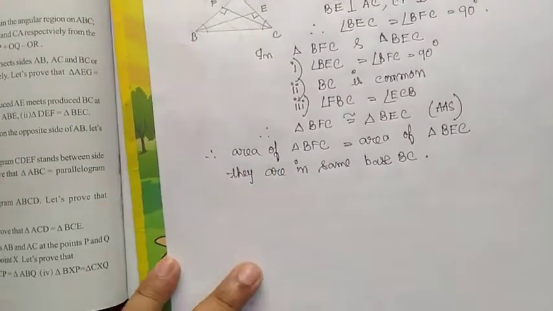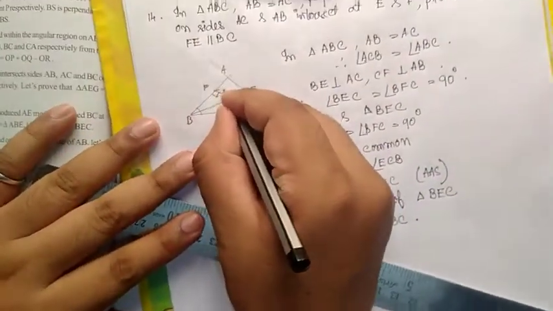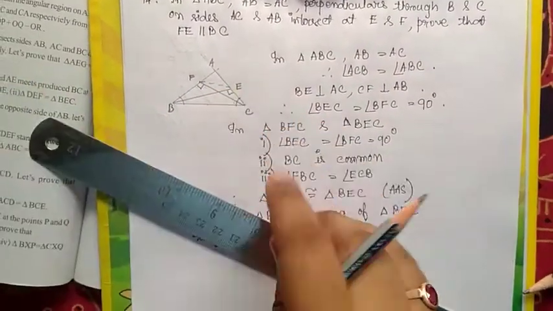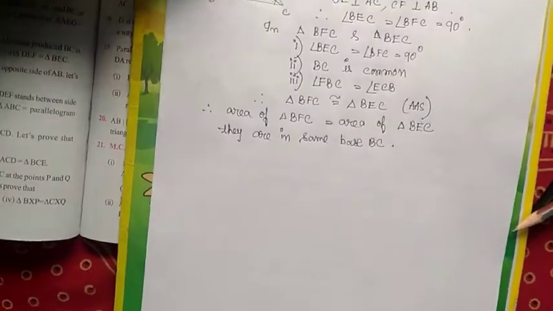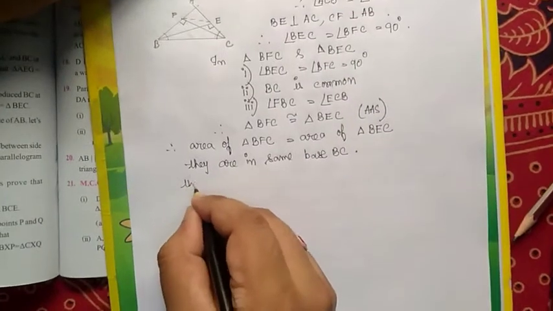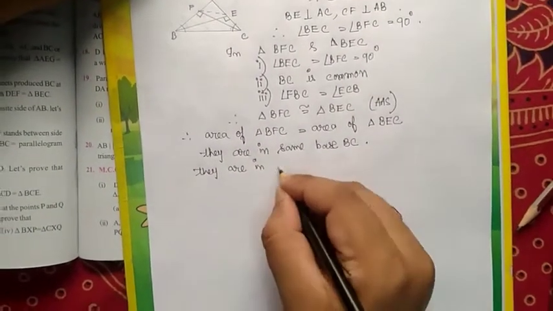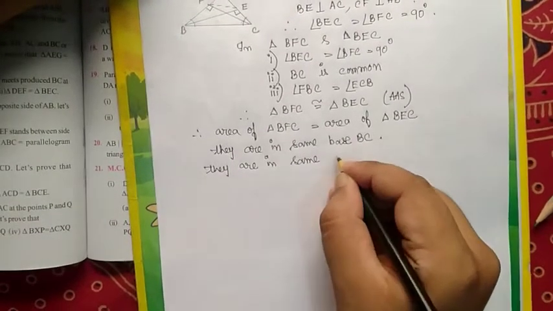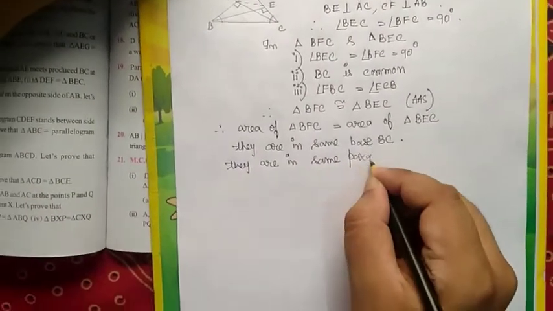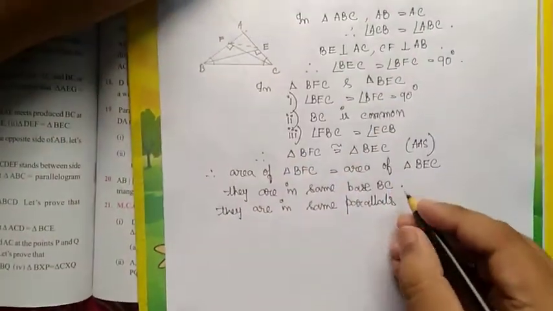So we can say that they are in the same parallels, BC parallel to FE.